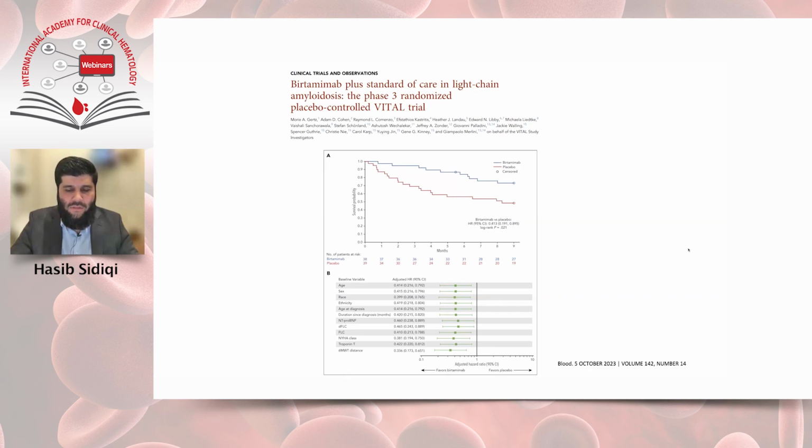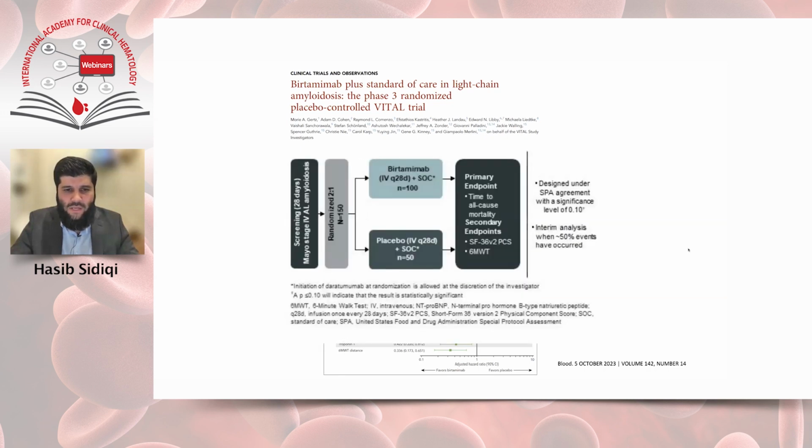But because of this subgroup analysis and this signal in this very difficult to treat population, the phase 3 clinical trial looking at birtamimab plus standard of care chemotherapy in patients with Mayo stage 4 light chain amyloidosis is currently up and running.